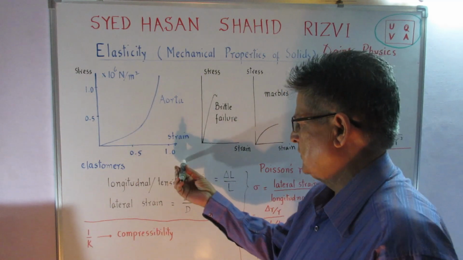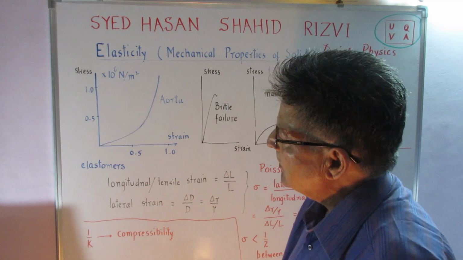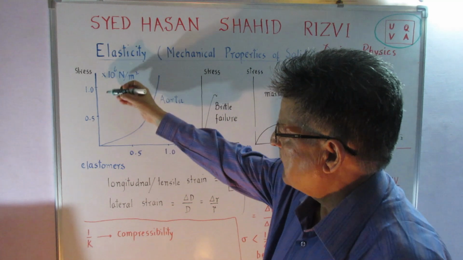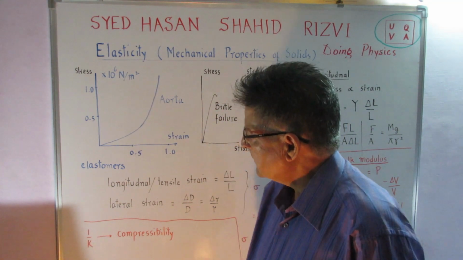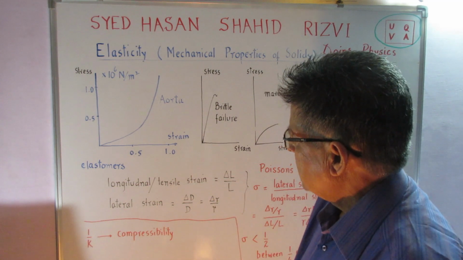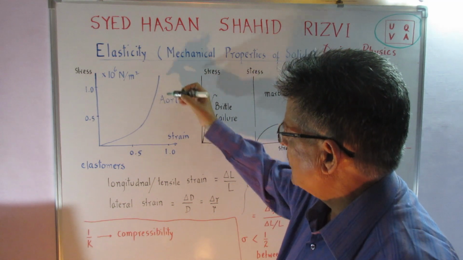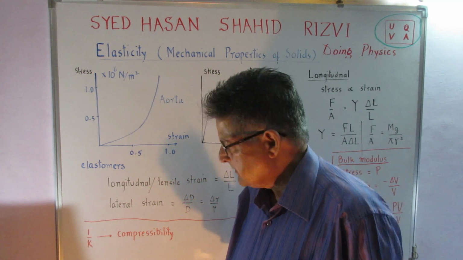The strain, of course, is dimensionless, so it is 0.5 and 1.0, and the stress is 0.5 and 1.0 into 10 to the power of 6 Newton per meter square. We can see that the strain goes to almost 100%.